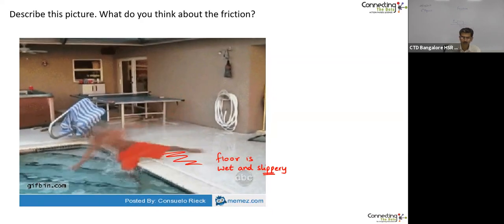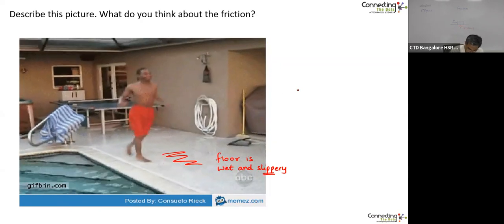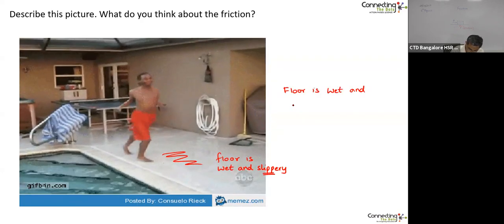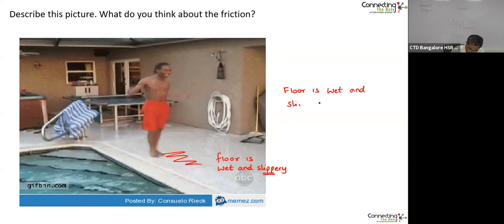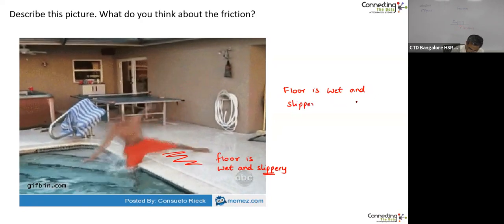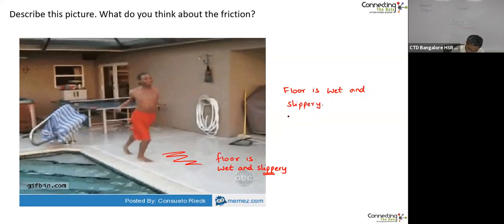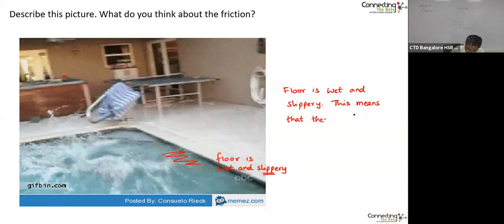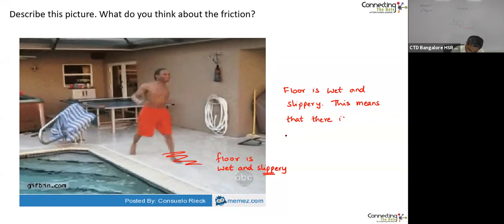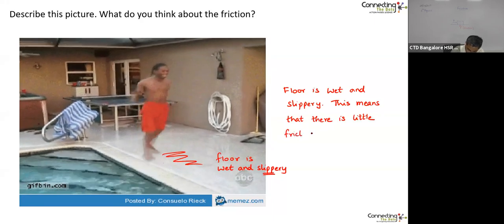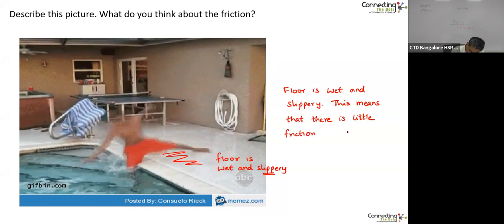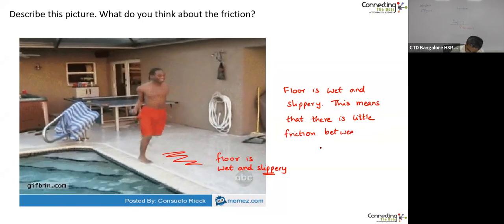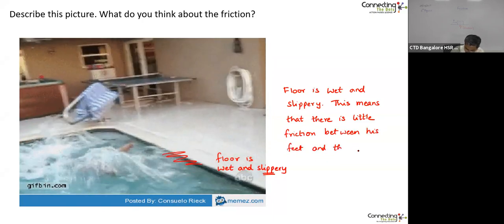And so, the floor is wet and slippery. This means there is little friction, not much friction, very low friction between his feet and the ground.